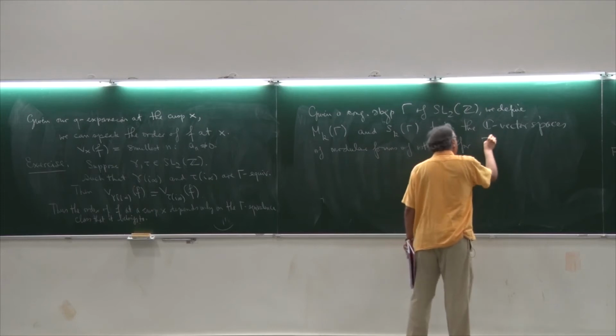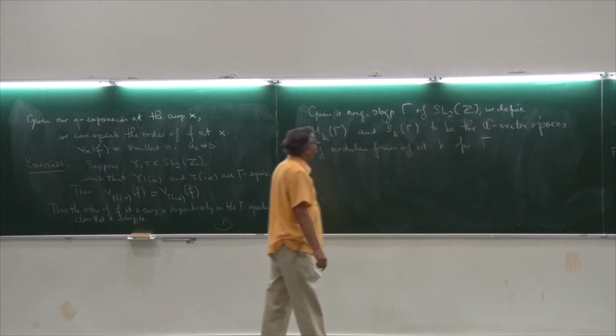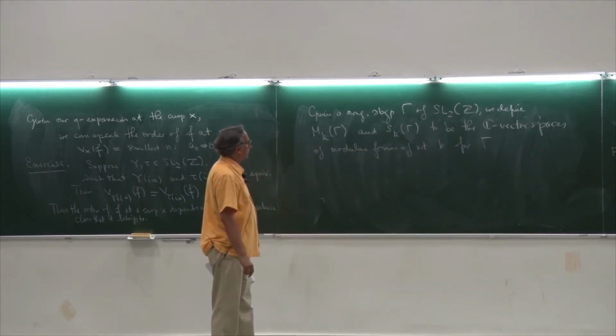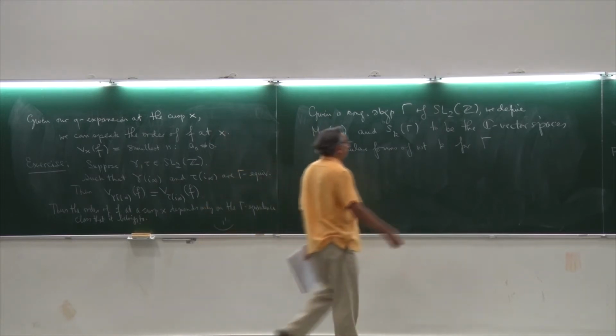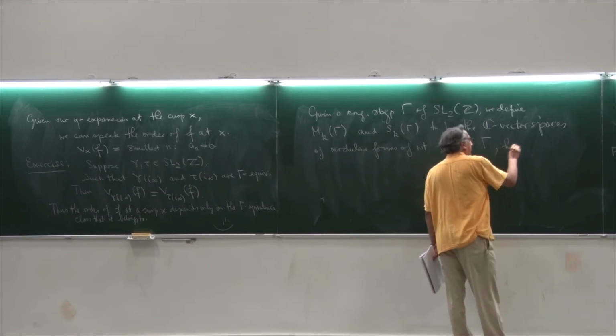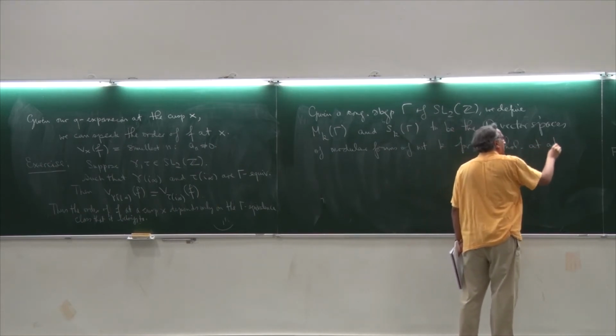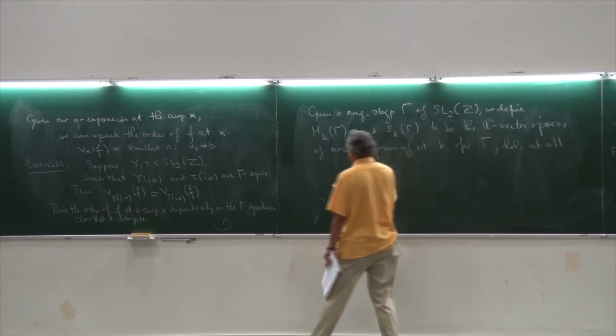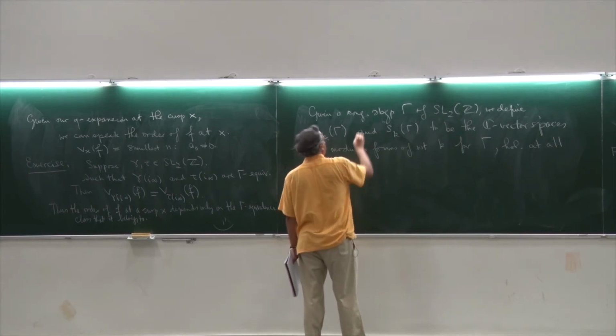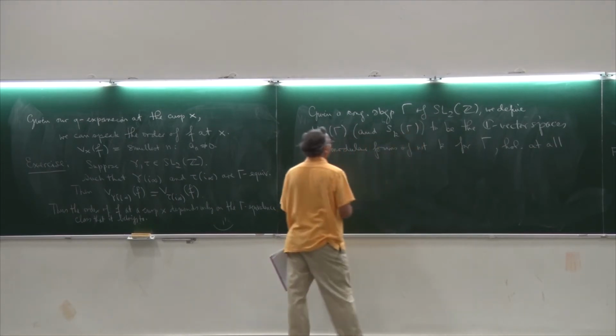for gamma, which are, of course, holomorphic modular forms at all the cusps, and in the case of Sk of gamma, holomorphic at all the cusps. So let me just put this in brackets.